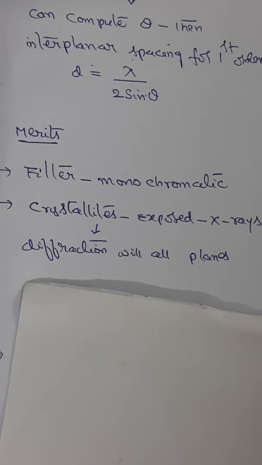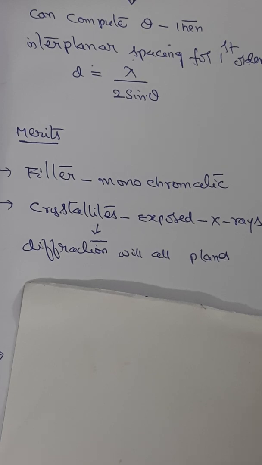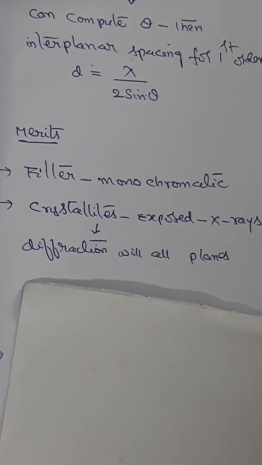So, by knowing all the parameters, the crystal structure can be easily studied. That is the advantage of this system. And in merits, we have seen that in the powder form of X-ray diffraction, we are using a filter that helps us to get monochromatic X-rays. That means lambda always remains constant.